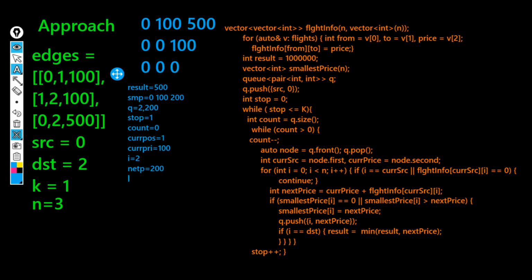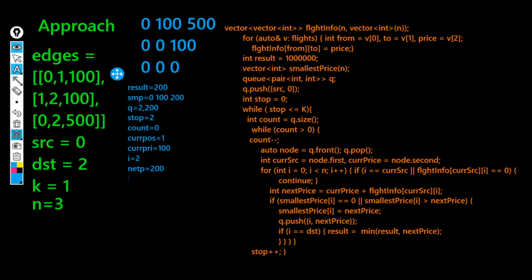Now the result will be updated, because I equals dst, so here we will update the result by 200. So the result will be updated by 200 and then the stop will be incremented by 2.